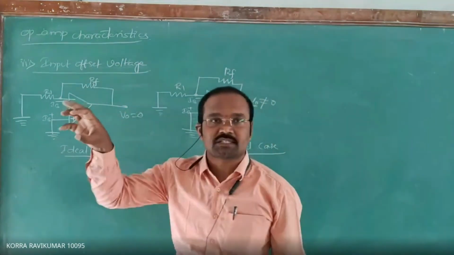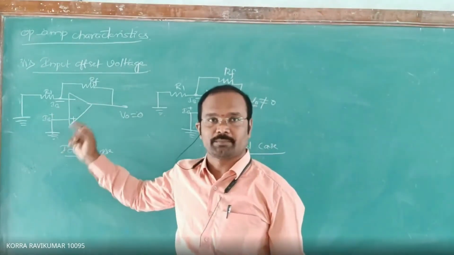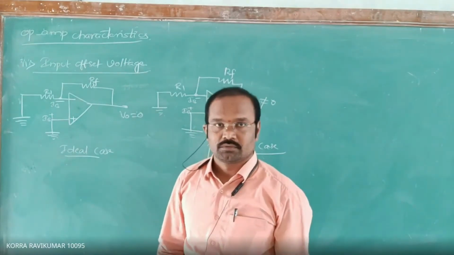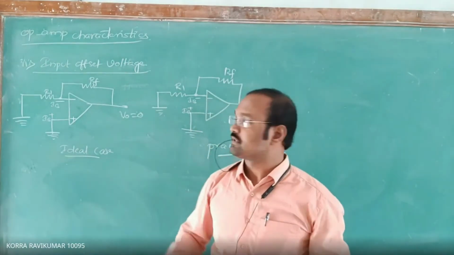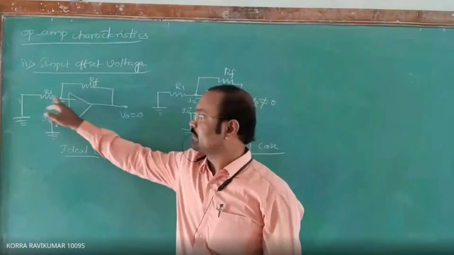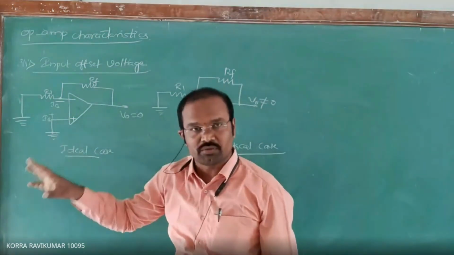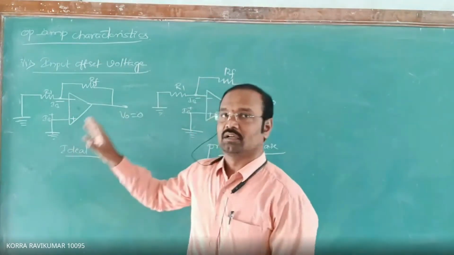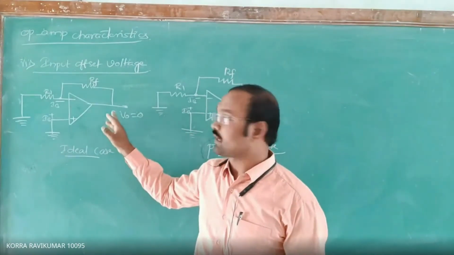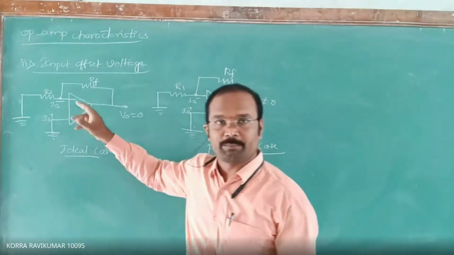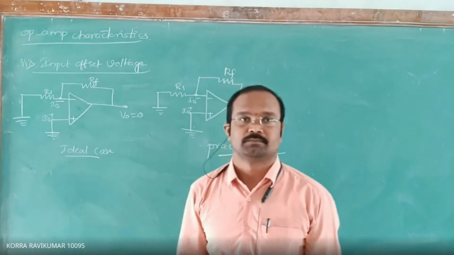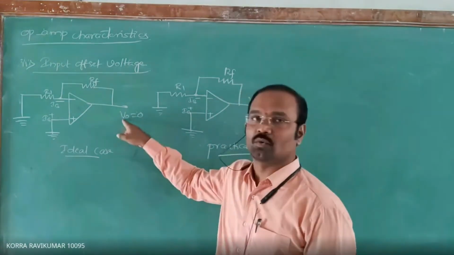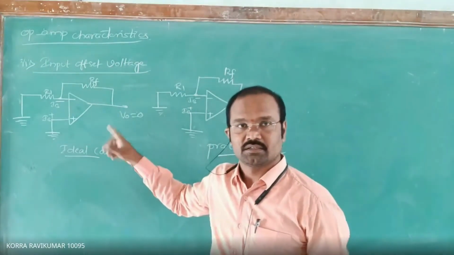This is true for the ideal op amp. Are you getting my point? When the terminals are connected to ground, the output voltage must be equal to 0, and it is 0 for the ideal case.